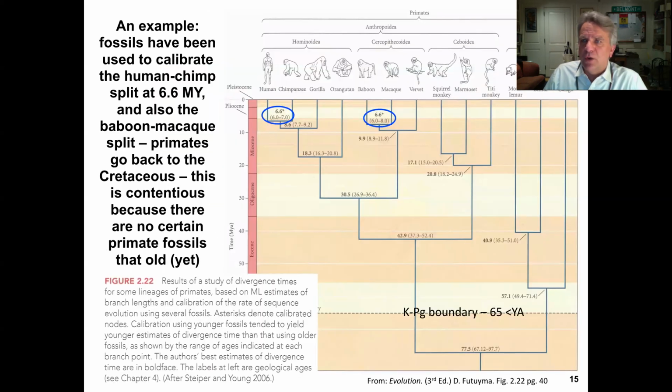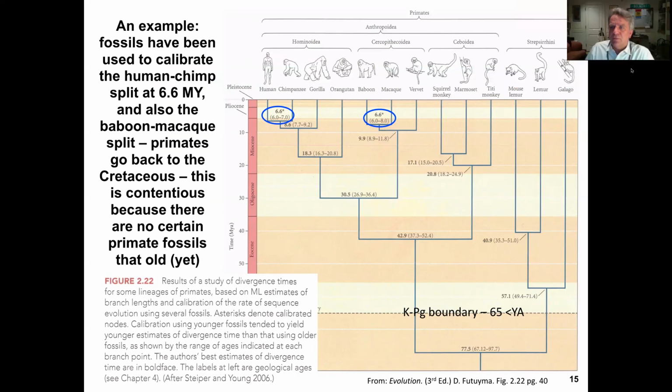Now, let me show you a really interesting real-world example. In our interaction sessions on Thursday and Friday, we had a couple of questions about mammal phylogenetics. So here's a great example where fossils have been used to calibrate the split between humans and chimpanzees at about 6.6 million years.